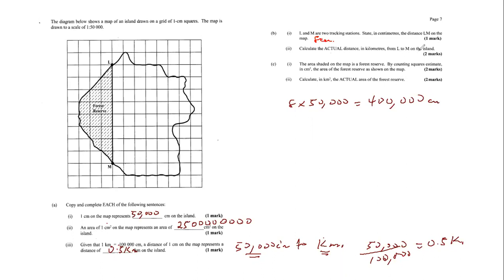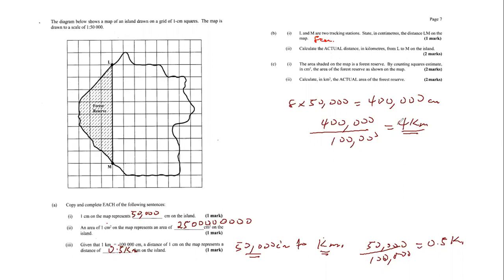But they want the answer in kilometers, so I divide by 100,000, which is 4. So we get 4 kilometers.